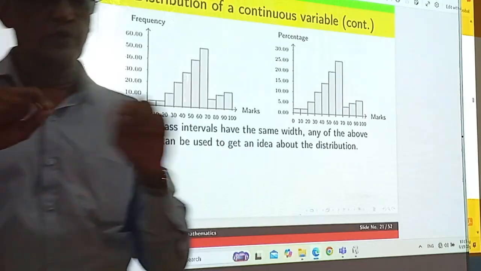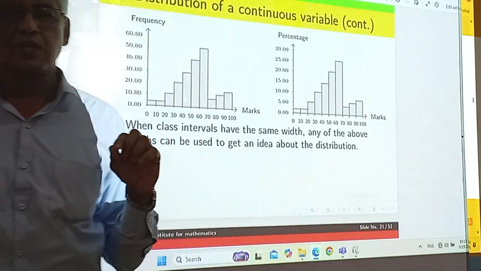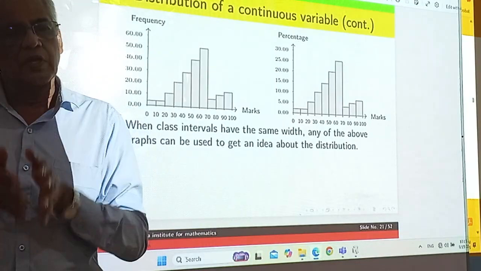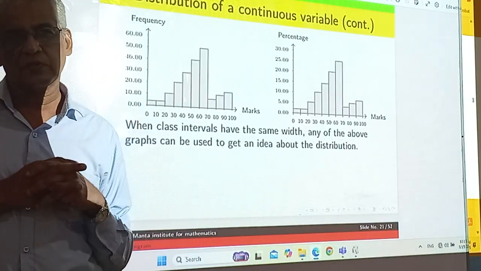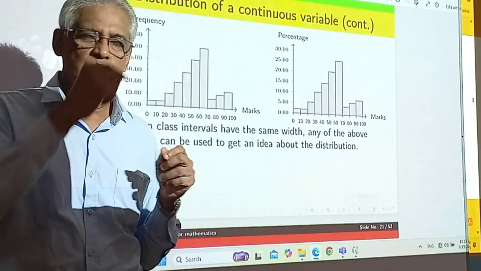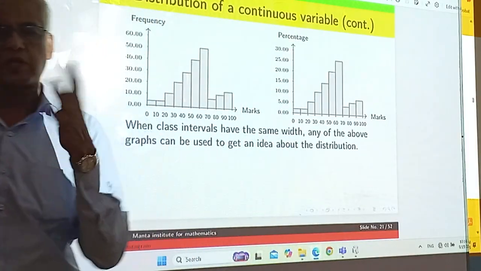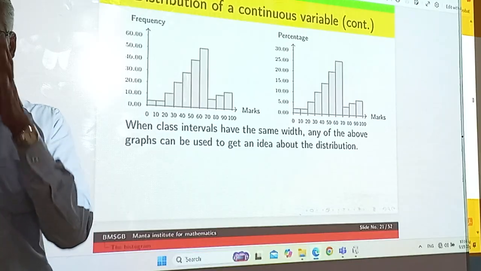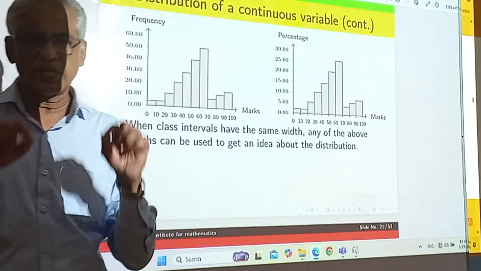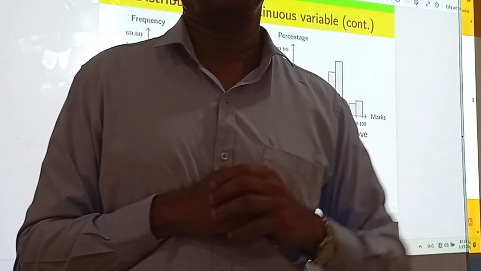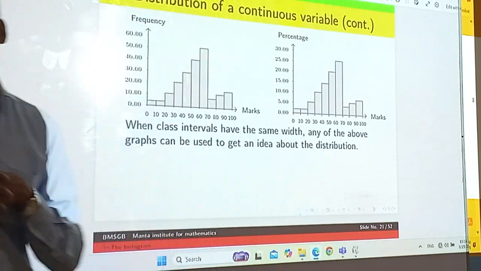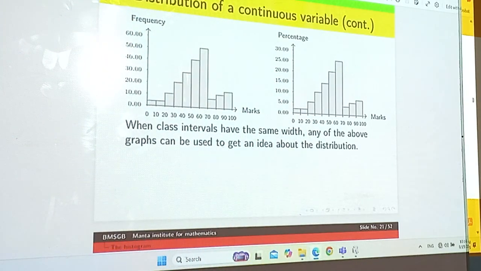So in order to show the separateness of these categories, usually we leave gaps between the bars. Even in the previous situation, if you are looking at a discrete variable, still sometimes people use a bar chart, right? Then there is some discreteness, gaps between the possible values. In order to show that, people have to leave gaps between bars or the lines.